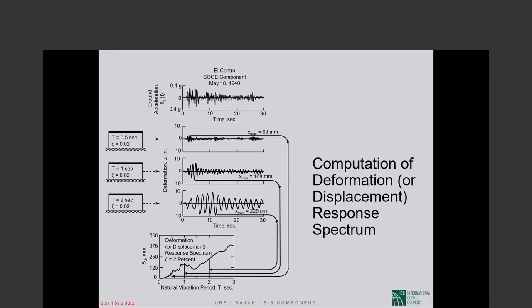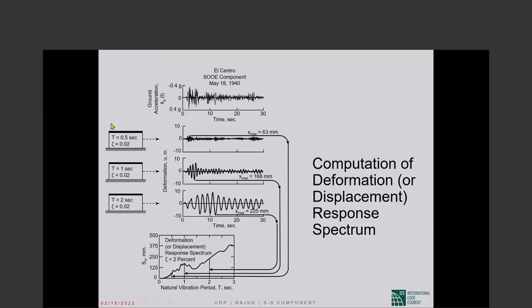The mass can move right to left and nothing else. And the period of the second system is 1 second, and the damping is still 2% of critical. The third frame has a significantly longer 2-second period, and the damping is still 2%.